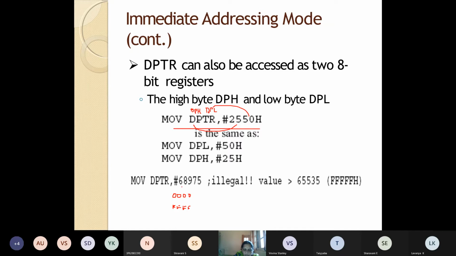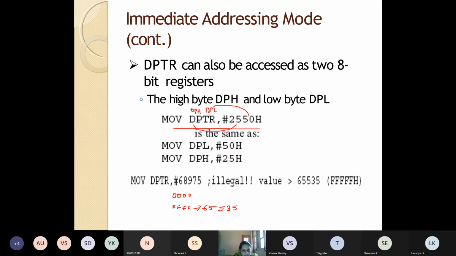Here I am trying to load the value 68975. This is illegal and results in an error, because FFFF in hexadecimal is equal to 65535 in decimal.